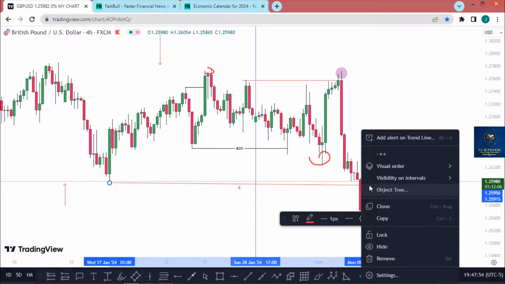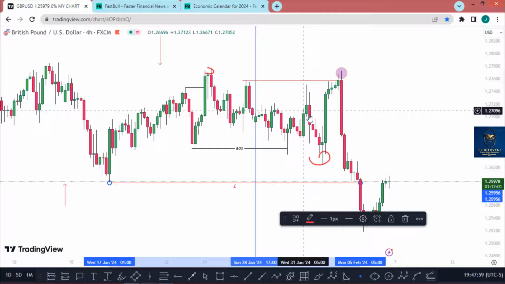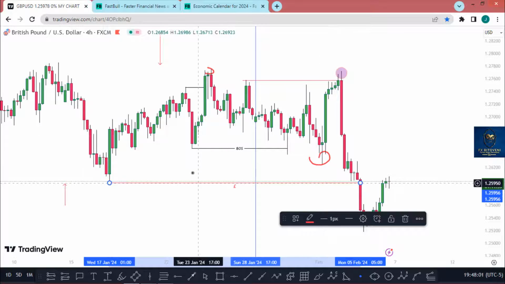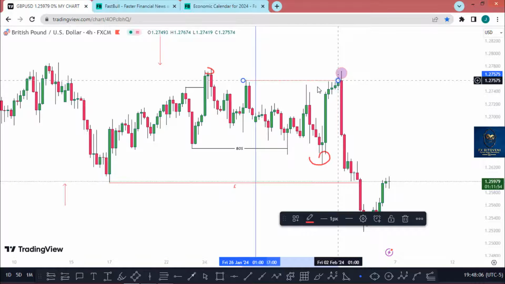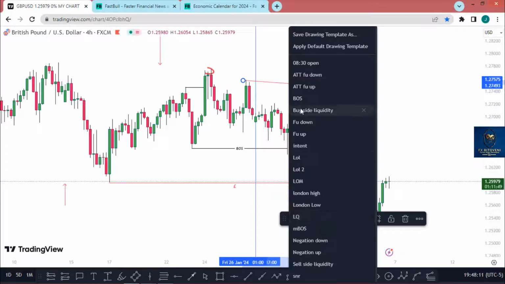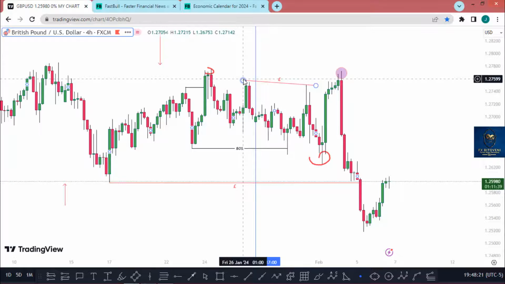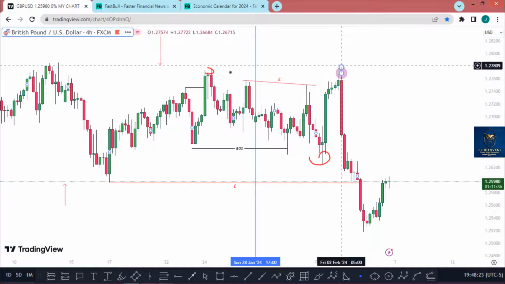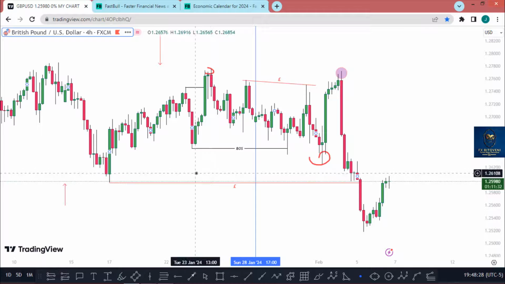Because here when the market was dropping down, it didn't take it. It decided to go back to first of all remove all of these liquidity left behind again. When the market was going down to grab this liquidity, it created a new liquidity to the upside. So it went up to grab this liquidity to the outside, leaving this liquidity down behind.